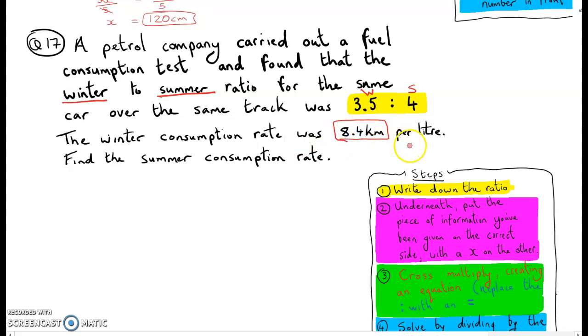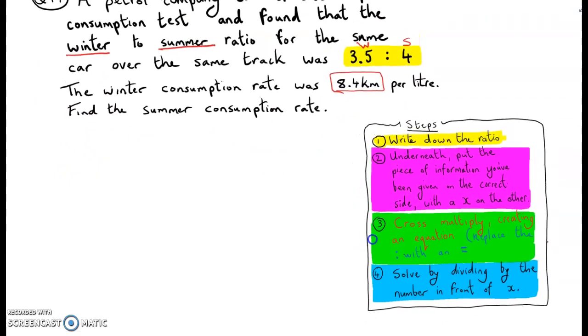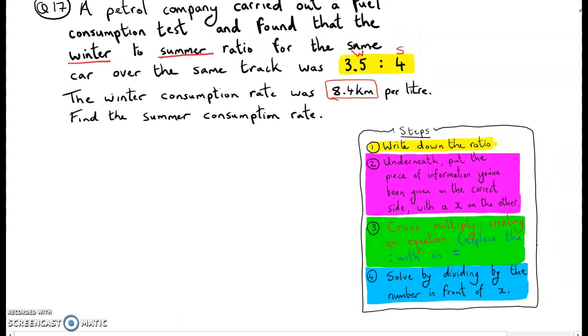Where are you going to write that? Is it going to be under the 3.5 or is it going to be under the 4? And they want you to find the summer consumption rate. So this is done using the exact same steps that we've been using for the other questions. So a nice idea now would be to pause the video, try and answer that question on your own, and when you've gotten some sort of an answer, press play and see if you get it right. Okay, pause it now.